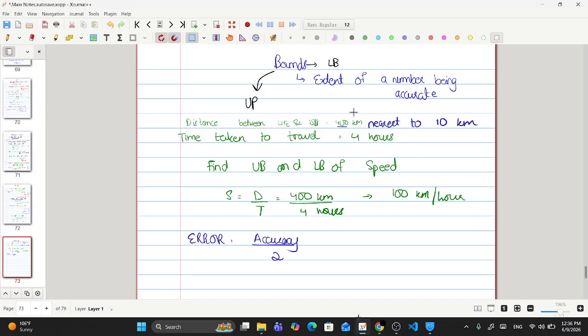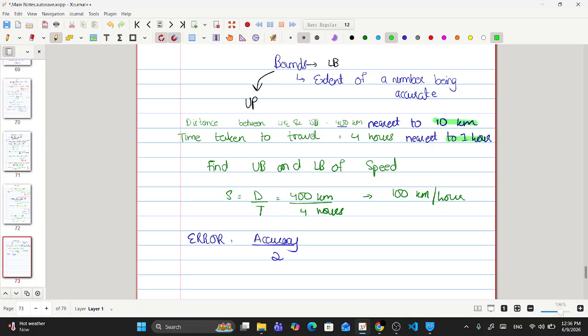So this is just one thing that I had wanted to add. What does this do? Just write it down. What this actually does is that this nearest to 10 kilometers and nearest to 1 hour shows the extent to which this is accurate.